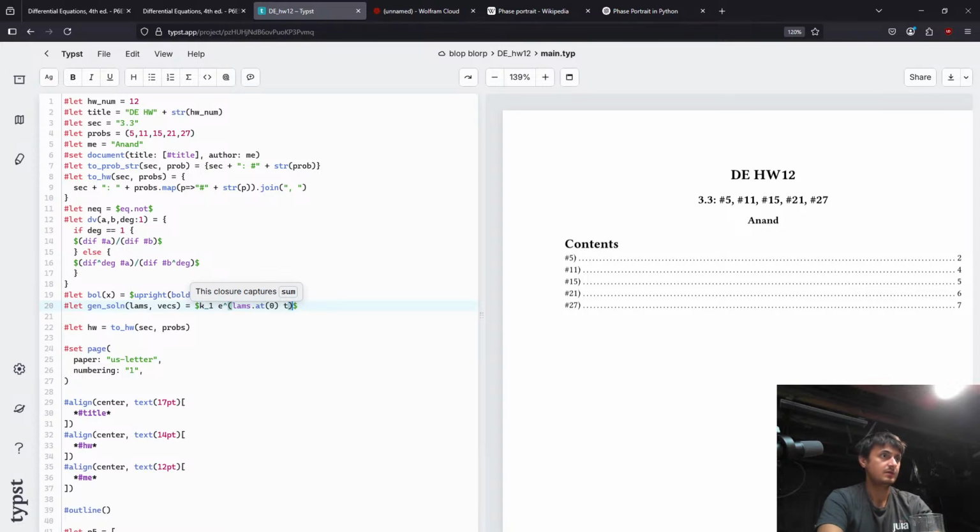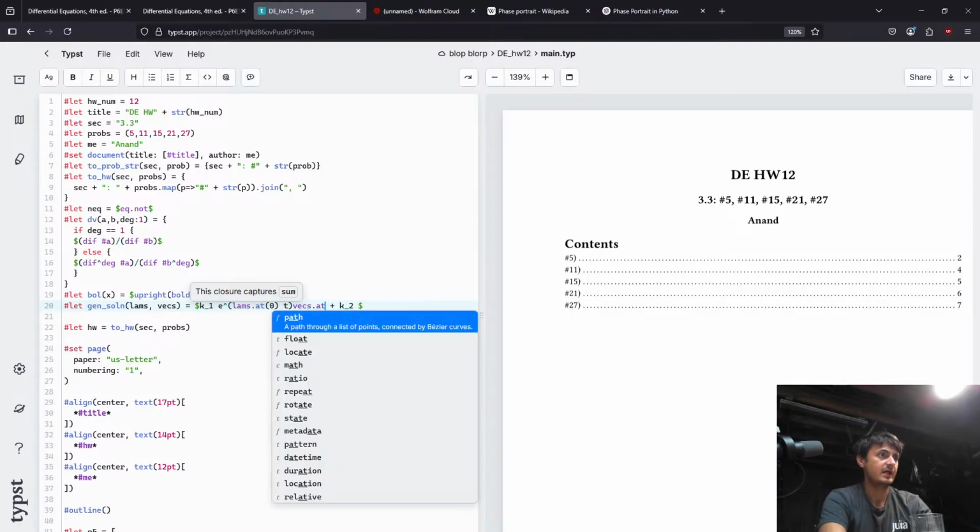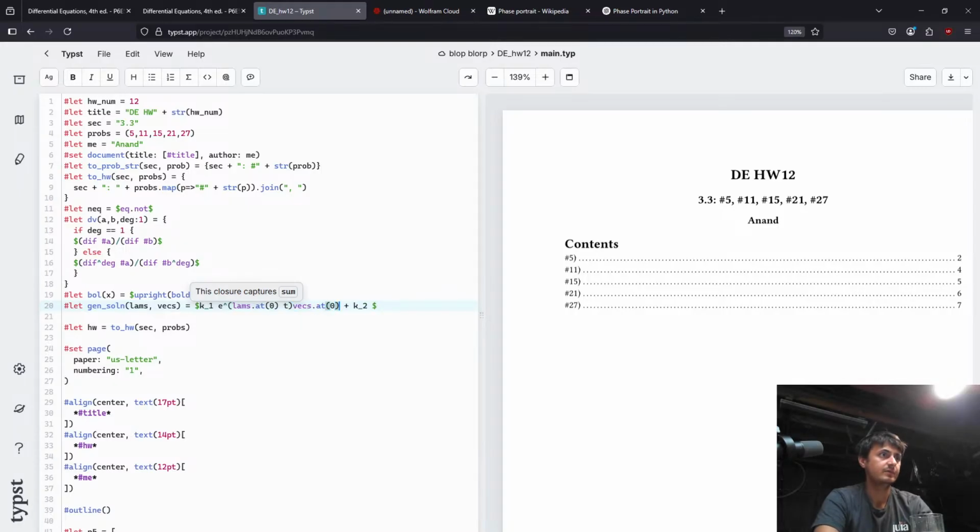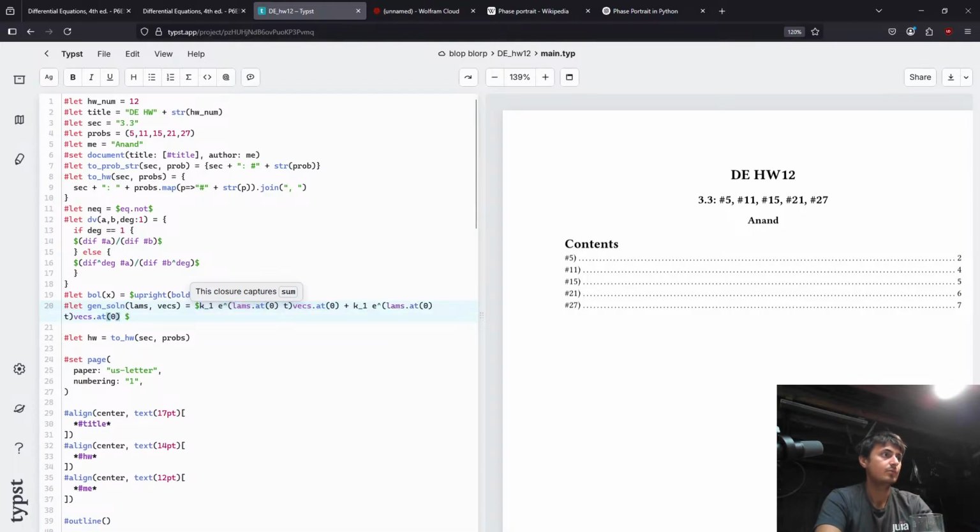T plus K2. Oh, and this needs to have a vex.at(0). And then we should be able to just turn this into this. And this is going to be a 1, and this is going to be a 1, and this is going to be a 2.